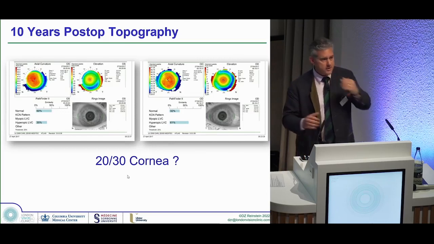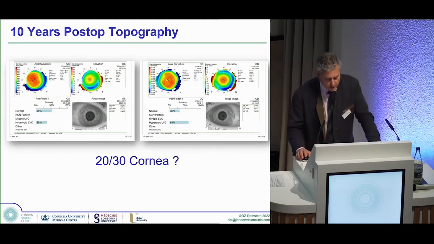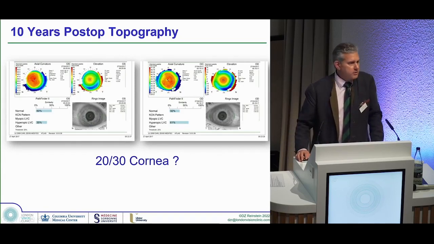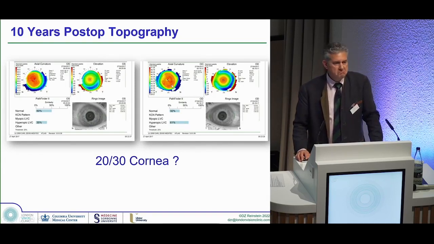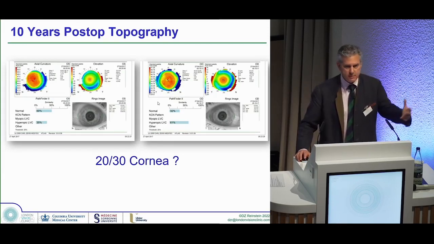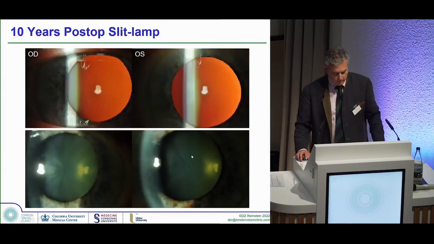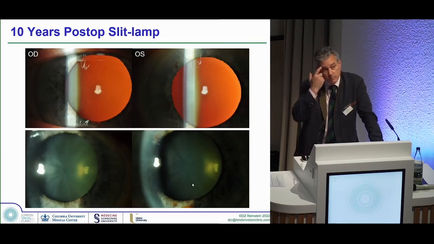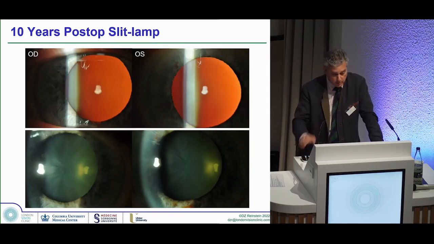So let's go through this. She's 20/30. Is she 20/30 because of some corneal topography issue? No, those are beautiful corneas. It's not decentered or something, right? Okay, so it's not the cornea. Is she 20/30 because of her lens? That's the left one. That's the right one.